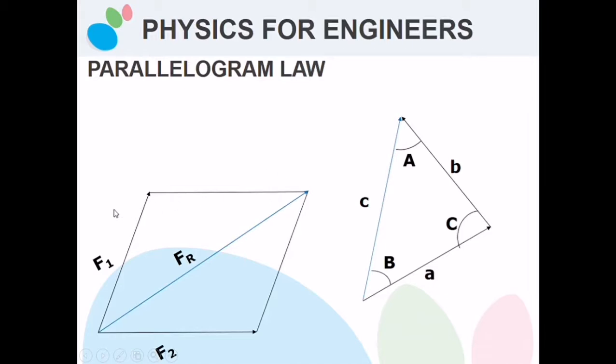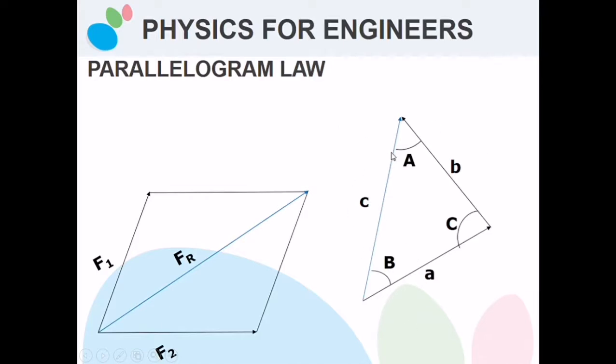As you can observe, we have two congruent or similar triangles. So if we redraw one side of the triangle, or half of the parallelogram, we can redraw it like this.